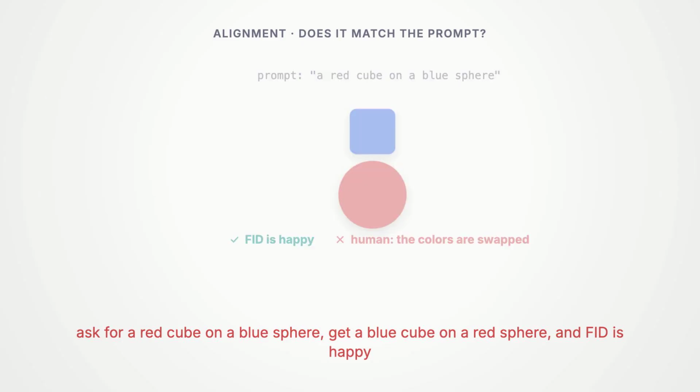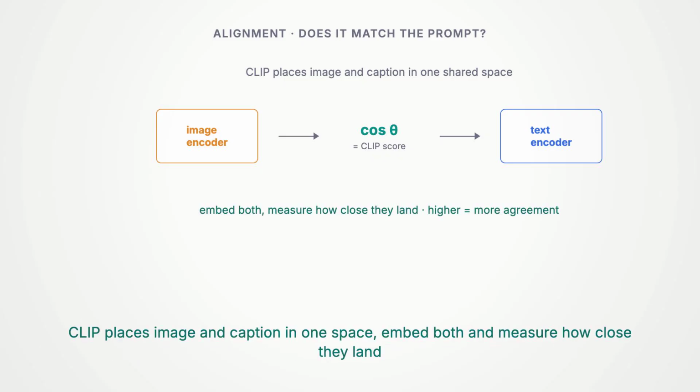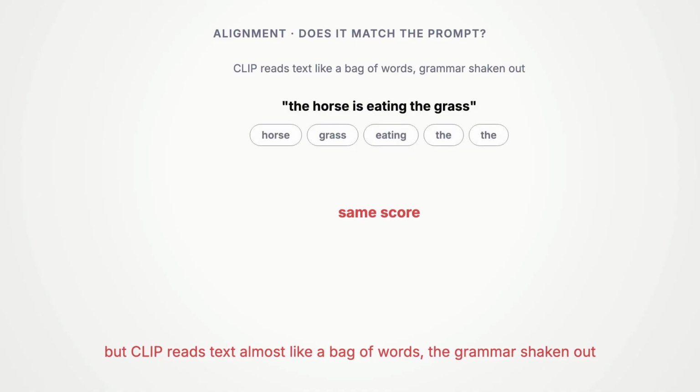The classic one is the CLIP score. CLIP is a model that learned to place an image and a caption into the same space, near each other when they agree. So you embed your generated image, embed the prompt, and measure how close they land. Higher means better agreement in theory. In practice, it has a famous weakness. CLIP reads text almost like a bag of words, a loose handful of concepts with the grammar shaken out.